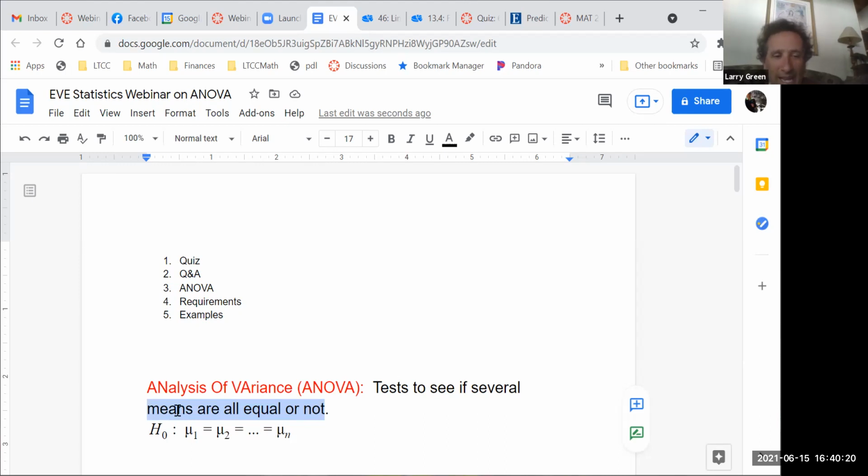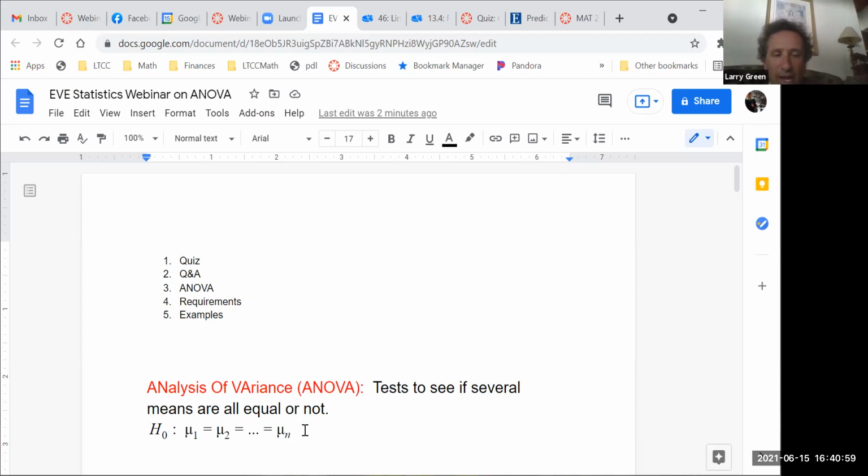The reason has to do with the deep mathematics that lies underneath all of this, which I am not getting into, and I never do in this class. But I'll let you know that there's some variance analysis that happens when you're computing the p-value. You don't have to know that because that's all going to happen in your calculator. But you can trust me that it happens. So the analysis of variance is a test to see if several means are all equal or not.